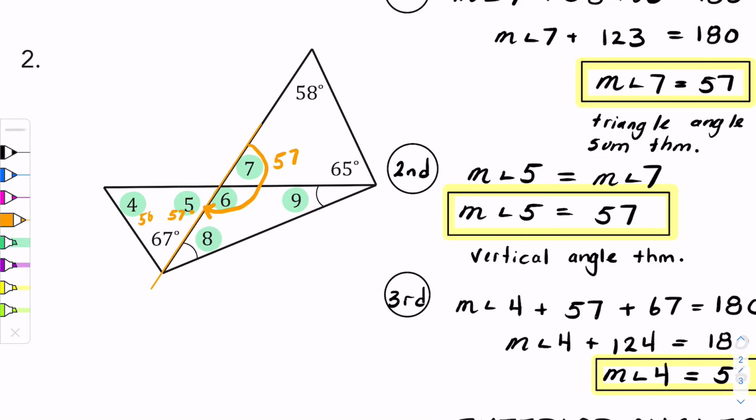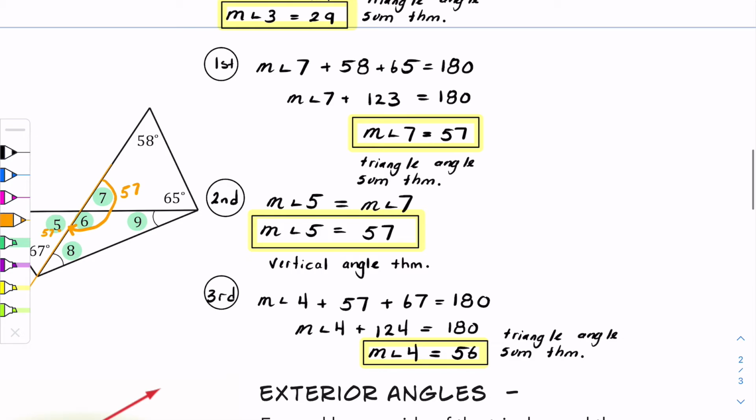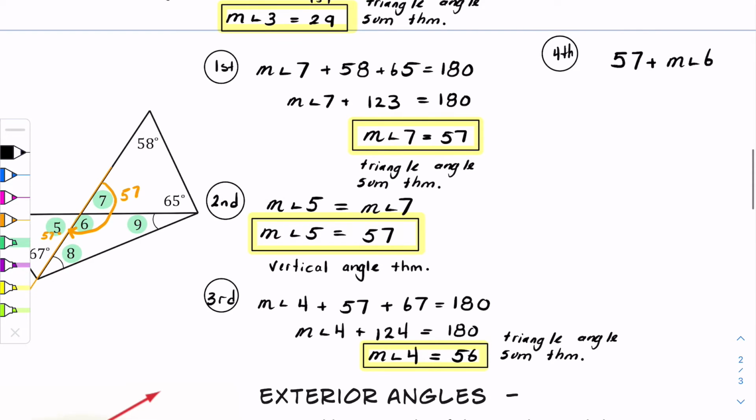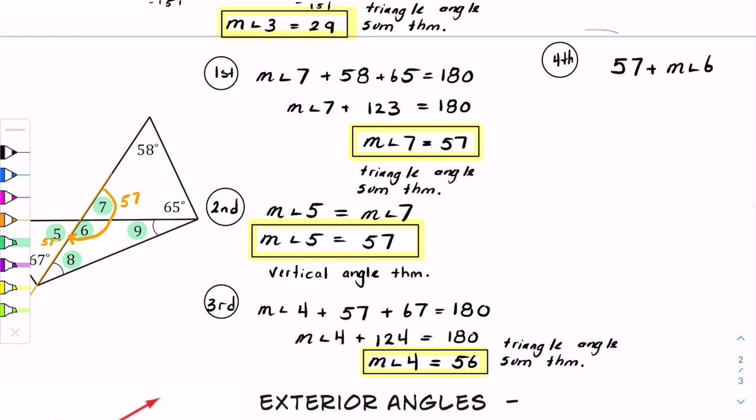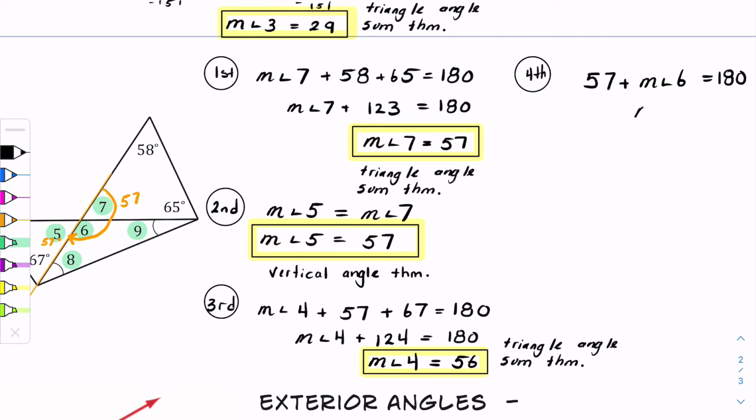These two angles form a straight line. So I'm going to indicate that 57 plus the measure of angle 6 is equal to 180. When I subtract 57 from both sides, I end up with the measure of angle 6 is equal to 123, and this is because of the linear pair theorem.